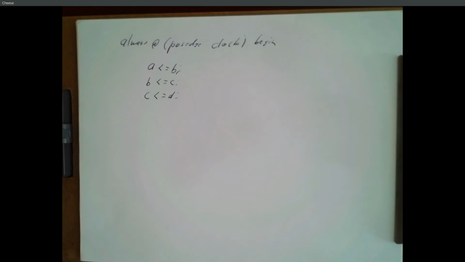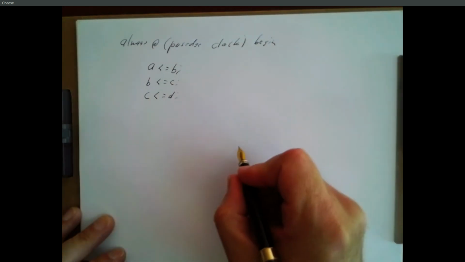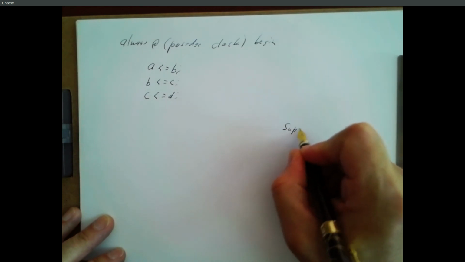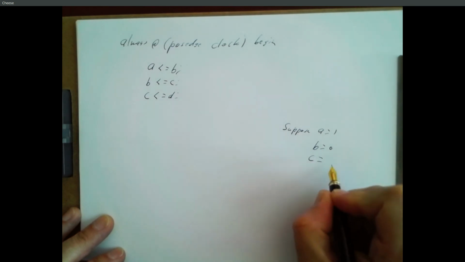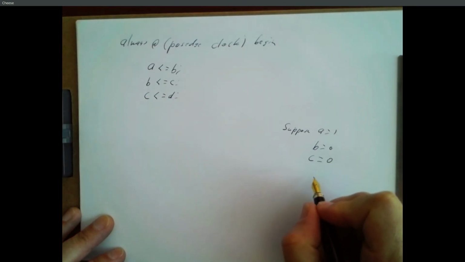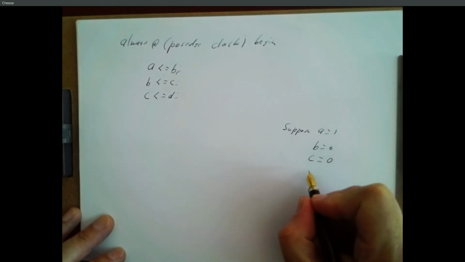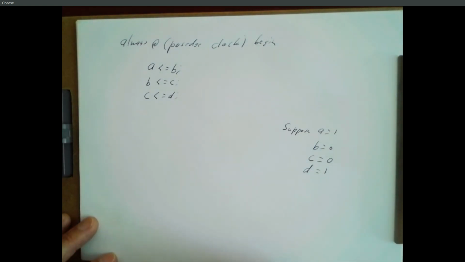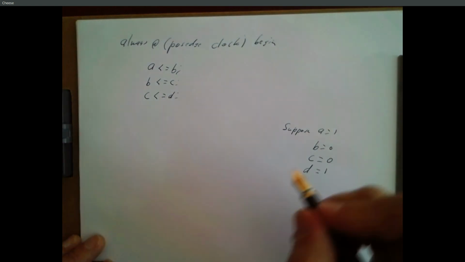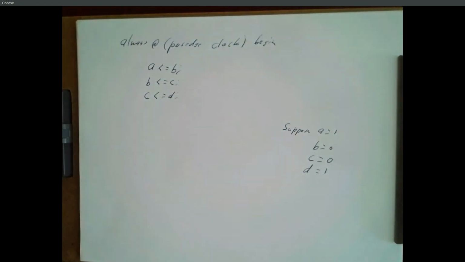B gets assigned to A, C gets assigned to B, D gets assigned to C. Suppose A is 1, B is 0, C is 0, D is 1.